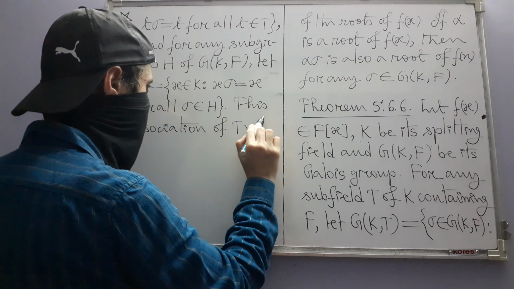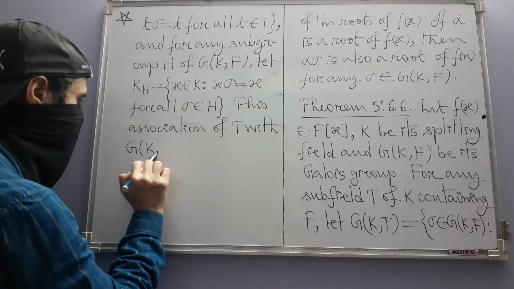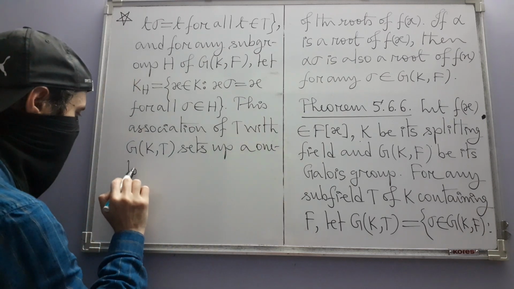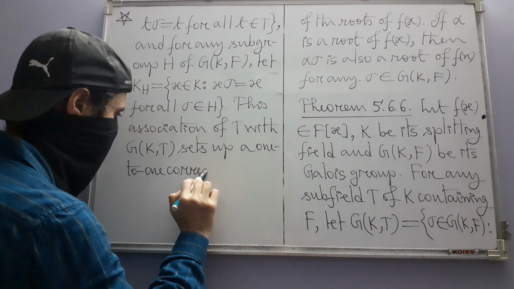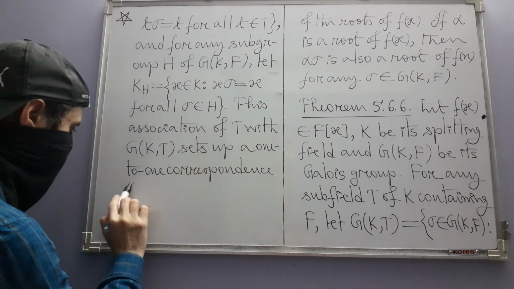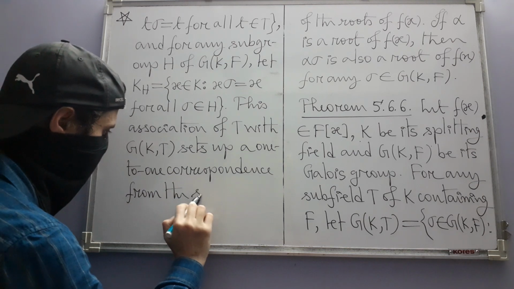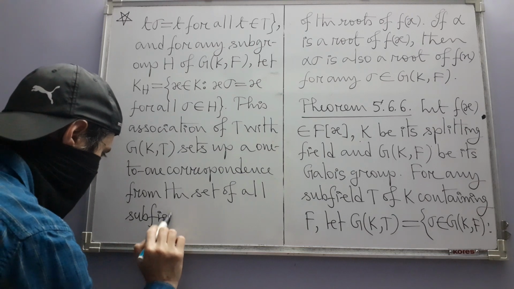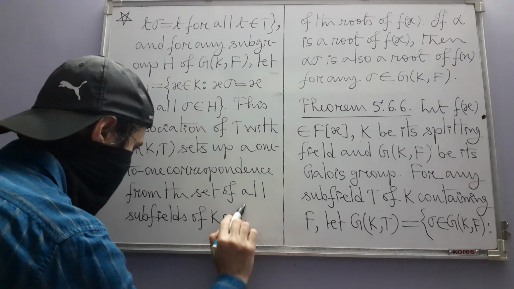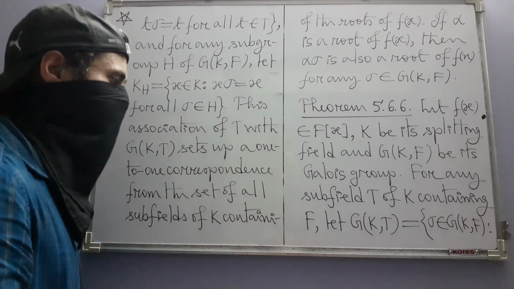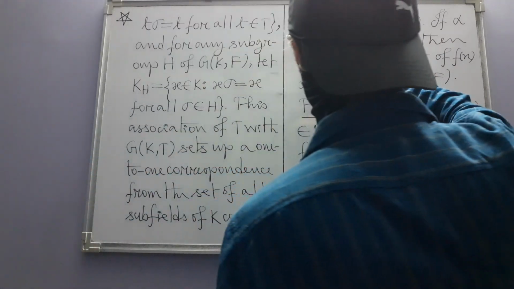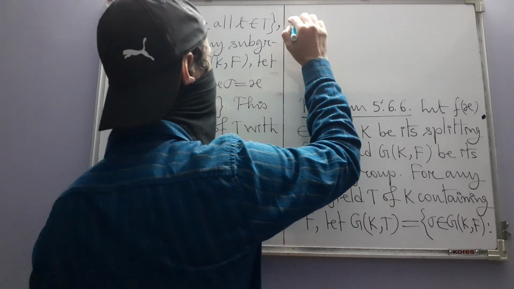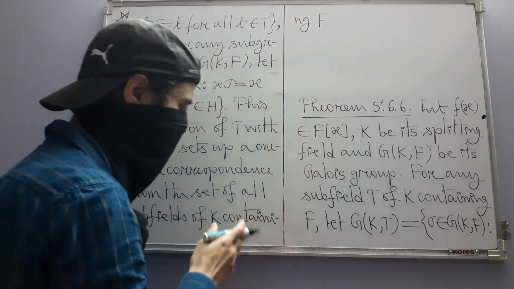The association of T with this group sets up a one-to-one correspondence from the set of all subfields of K containing F and the set of all subgroups of the Galois group. Containing F, sorry, I think I said containing T, containing F.